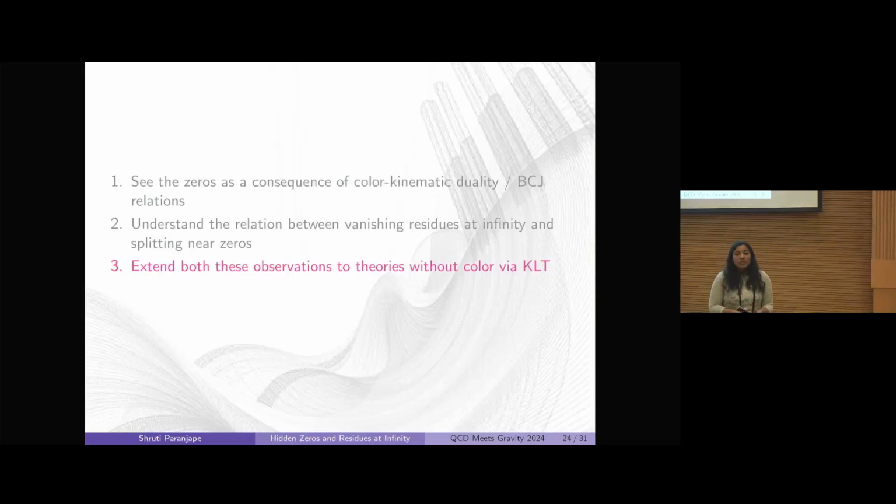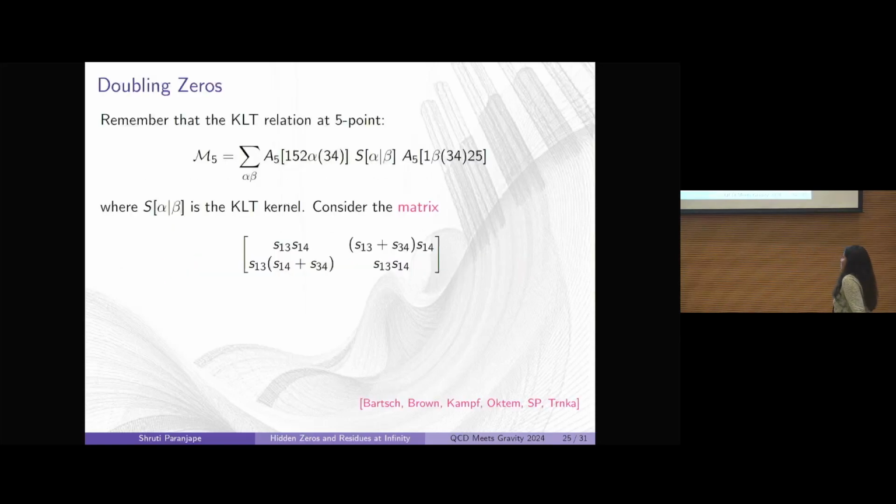So a lot of these surfaceology techniques, maybe Julia will have more to say about this in the afternoon, at least as they now appear in the literature, don't naturally extend to theories without color. And given that these hidden zeros and the splitting are products of surfaceology, it's very surprising that uncolored theories would have these properties. But let's see how it works.